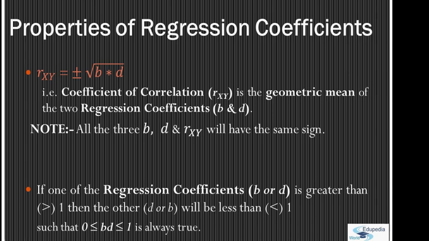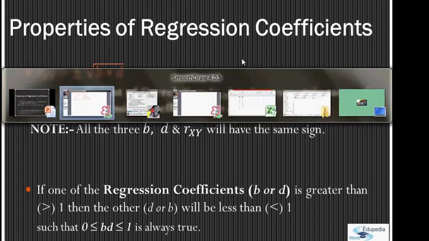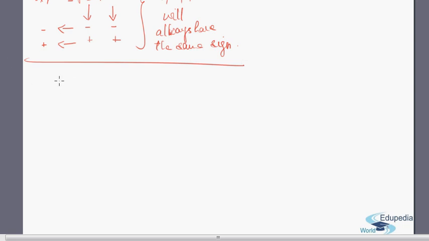The second property says that if one of the regression coefficients, say b or d, is greater than 1, then the other one, d or b, will be less than 1, such that the value of the product of b multiplied by d will be between 0 and 1. So if we have, say, the value of b greater than 1, then the value of d will be less than 1.